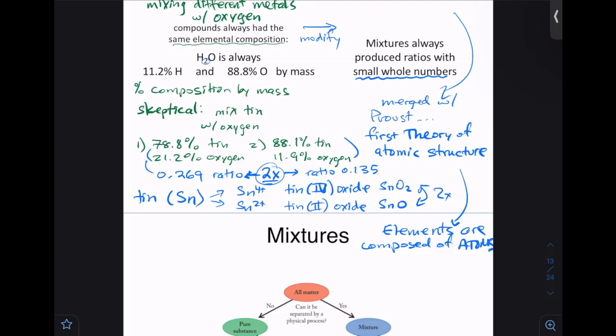Let's give us some more room to write atoms here. And that these atoms for the elements are discrete things that can't be cut in half, that can't be reduced any further and still be atoms of the element that they are.